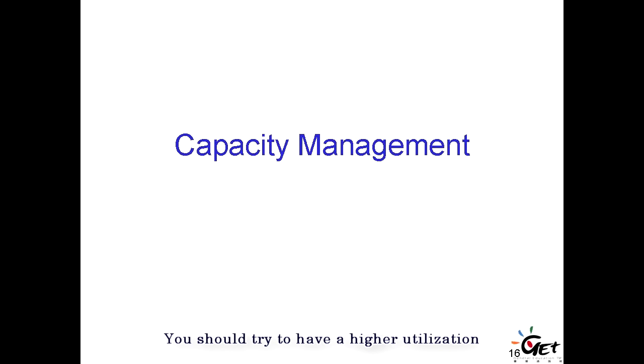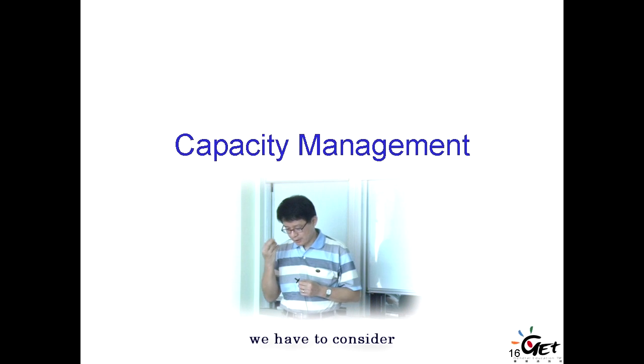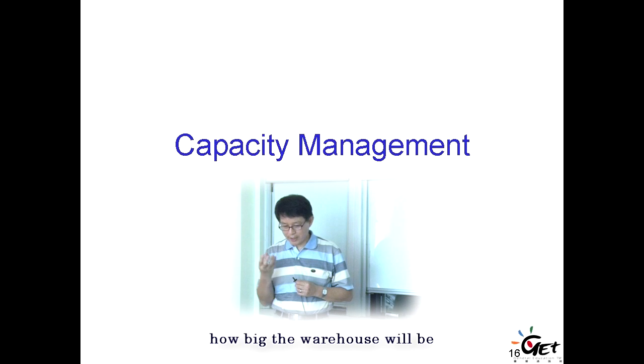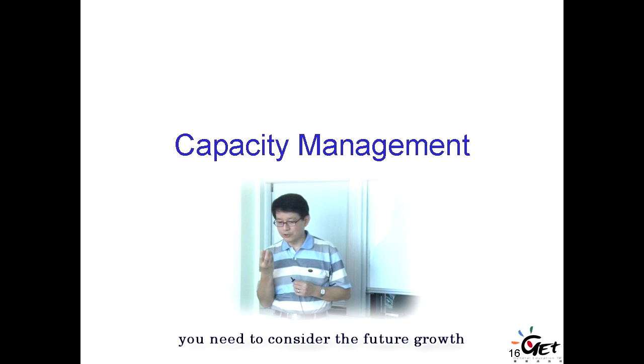You try to have as high a utilization as you can. So usually we have to consider how big the warehouse will be. You need to decide a suitable one. You need to consider the future growth, right?